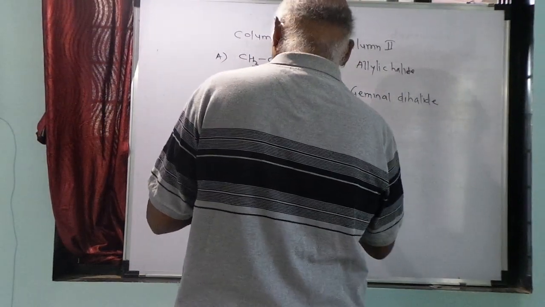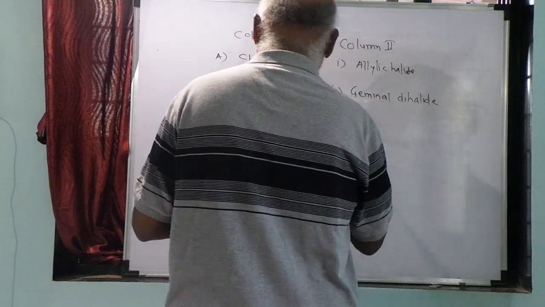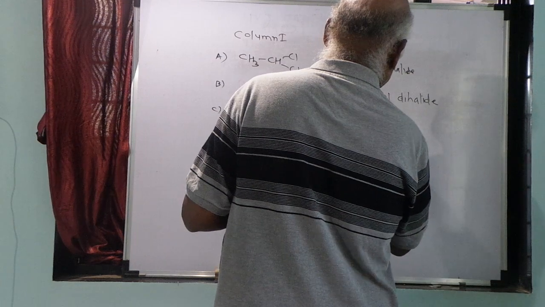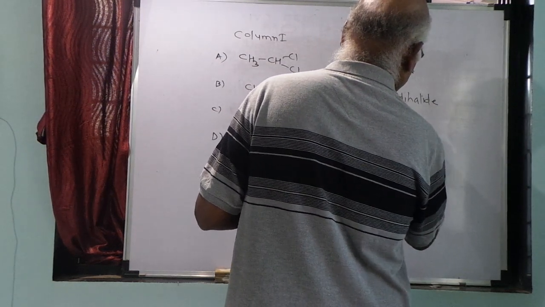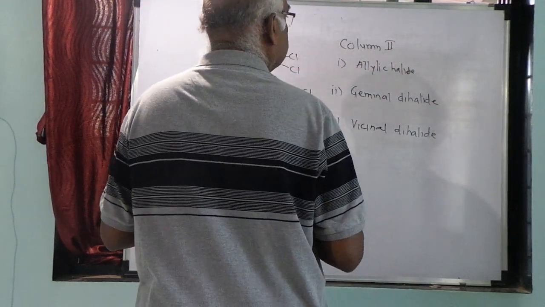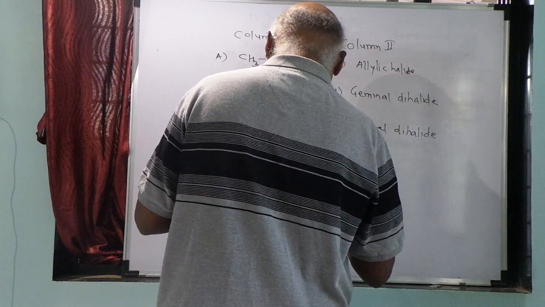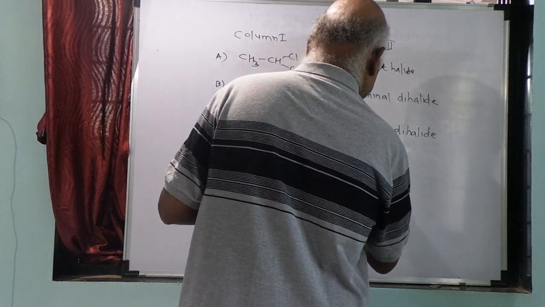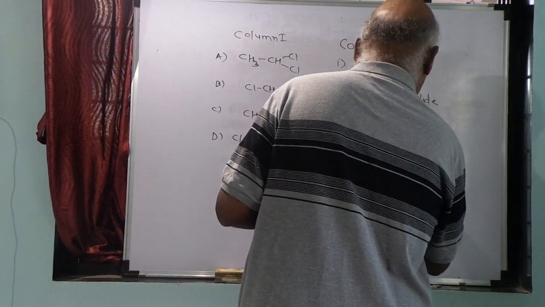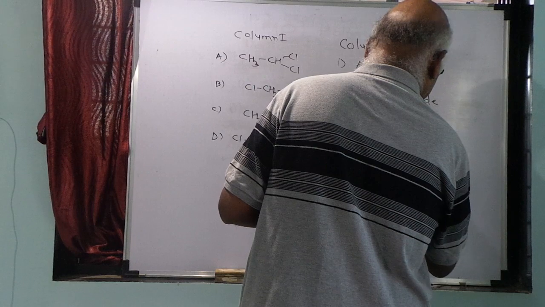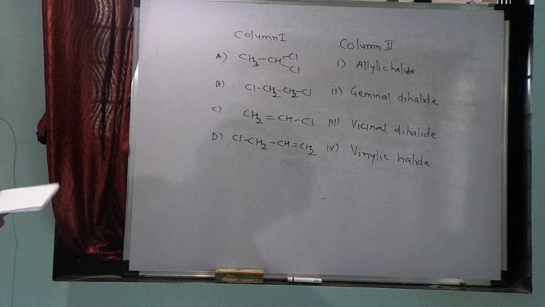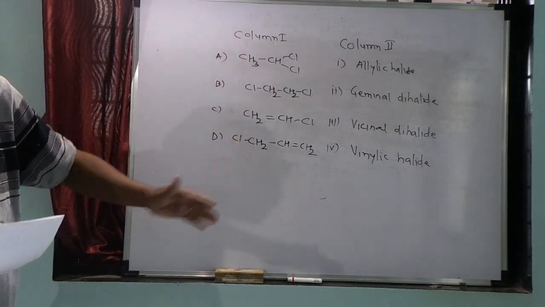The third one is vicinal dihalide. And the fourth one is vinylic halide, not dihalide, sorry. Okay, and we have to match these 4 options with column number 2.